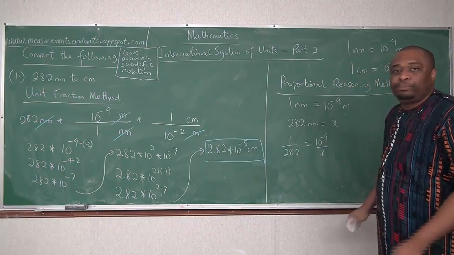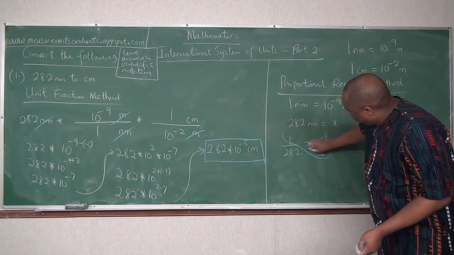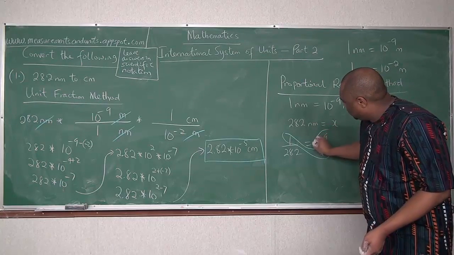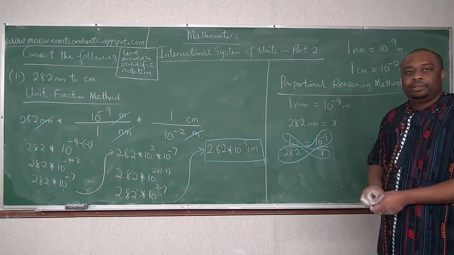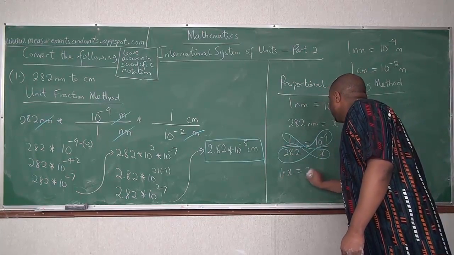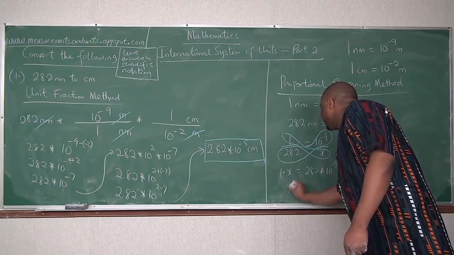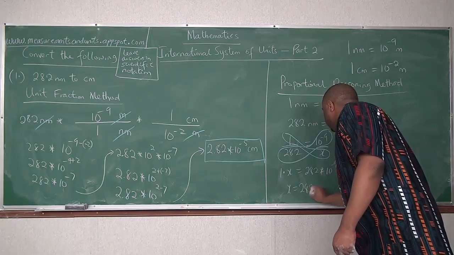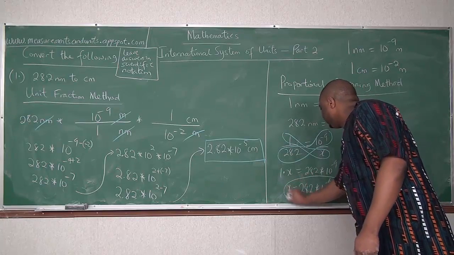I use cross product or butterfly method. So 1 times x is equal to 282 times 10 to negative 9. So x is 282 times 10 to negative 9. I can keep this for now.